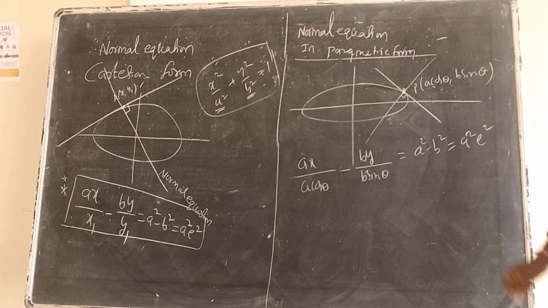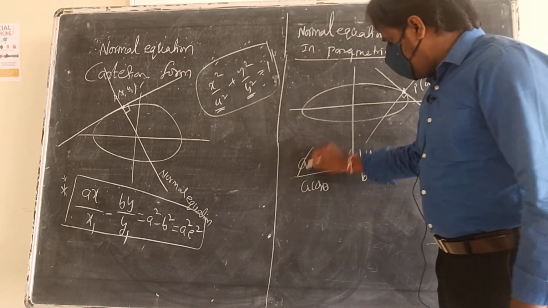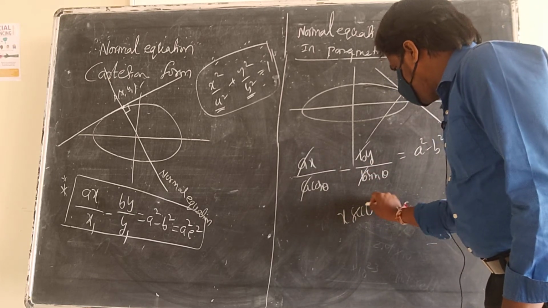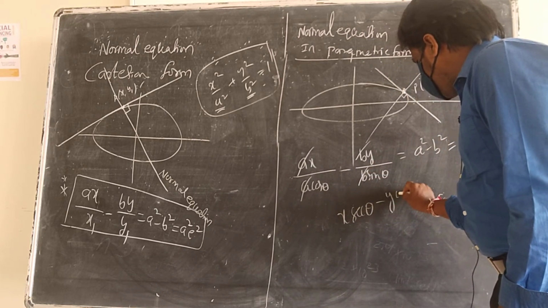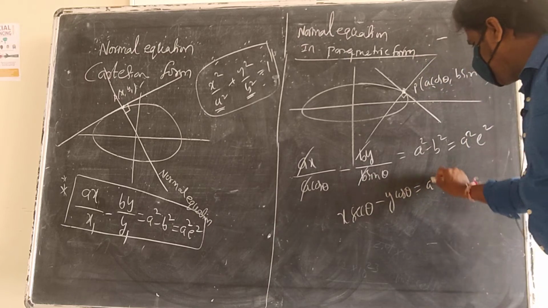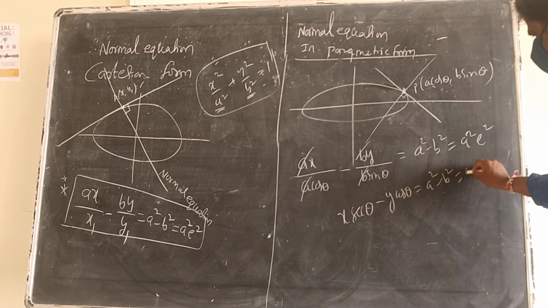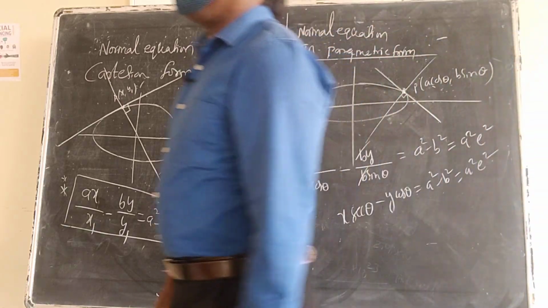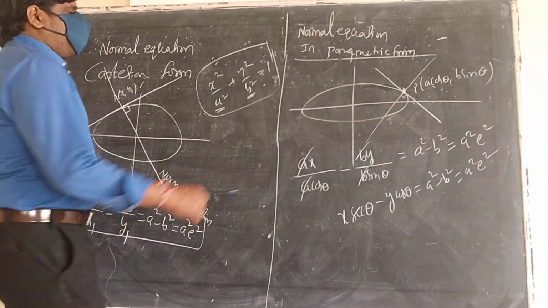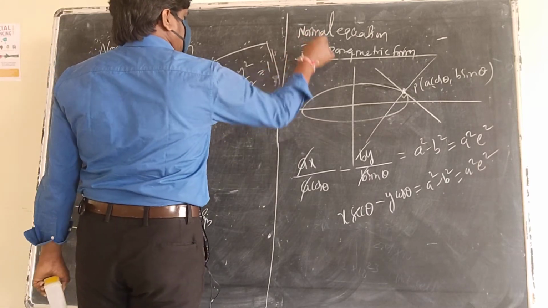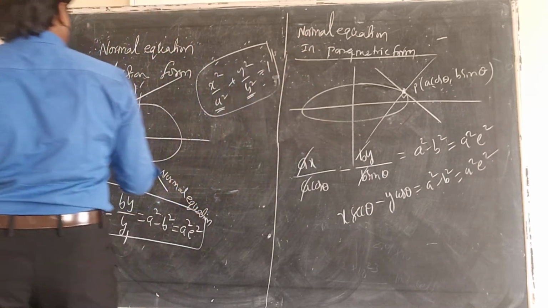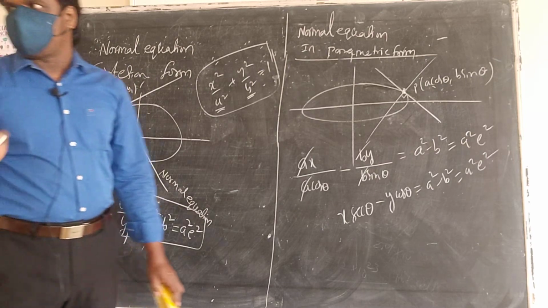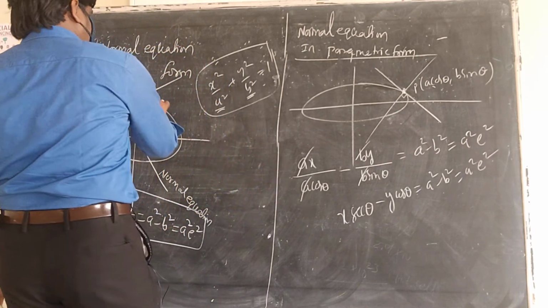Here a cancels out, b cancels out, so you get x sec theta minus y cosec theta is equal to a square minus b square, or a square e square, which is the equation of the normal to the ellipse. So when a parametric point is given, the equation of the normal to the ellipse is this. When any particular point is given, like 1 comma 2 or 2 comma 3, then the equation of the normal is the earlier one.